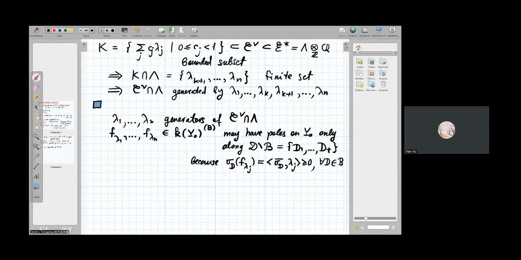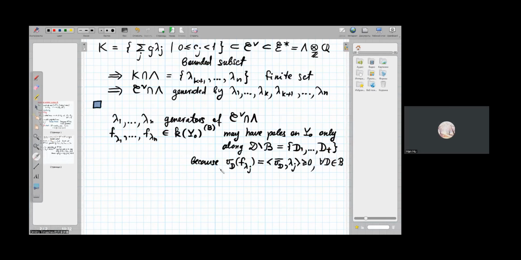Okay, so all poles of these functions f lambda 1, f lambda n are in this set of divisors.